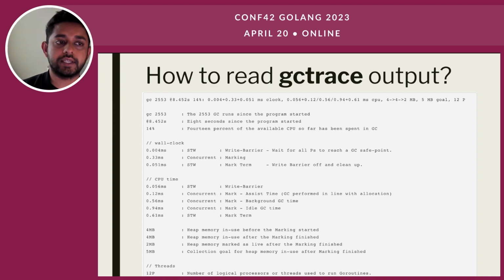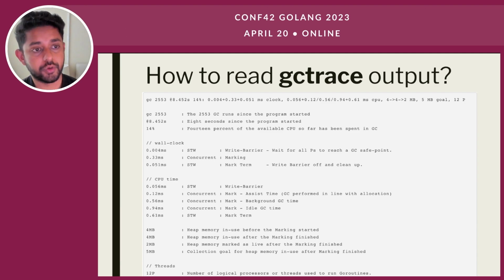It shows us how many GC cycles we've had so far since our application started, how much of our program's total CPU has been spent on garbage collection, how much wall clock and CPU time was spent in the various phases of GC, what our memory usage looks like before and after garbage collection runs, etc. I'm not going to go too deep into these aspects, but check out the blog post if you're looking for a detailed breakdown of all of these GC components.